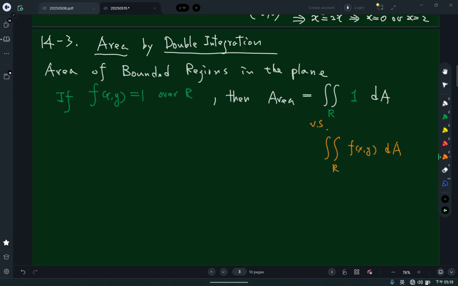So that means no matter what x,y is, your function value is always 1. Then we can use this one to calculate the area. You understand that? Actually, based on this, we are still calculating the volume.